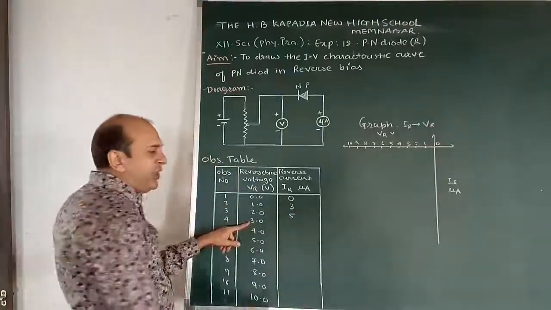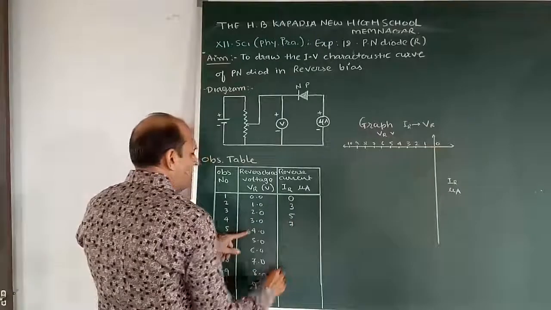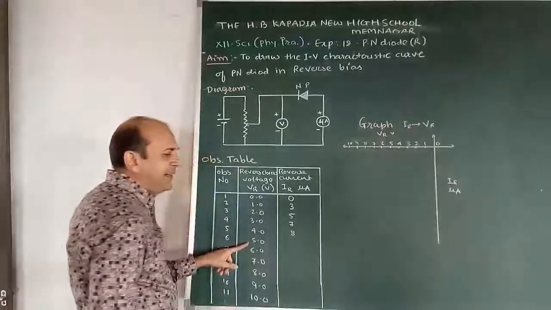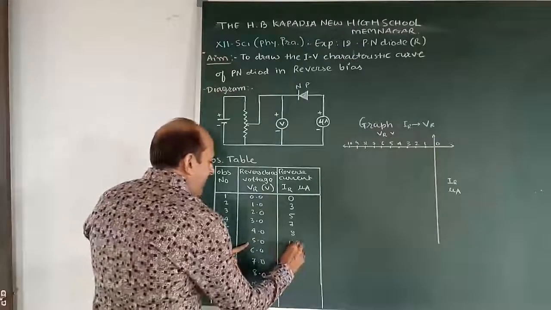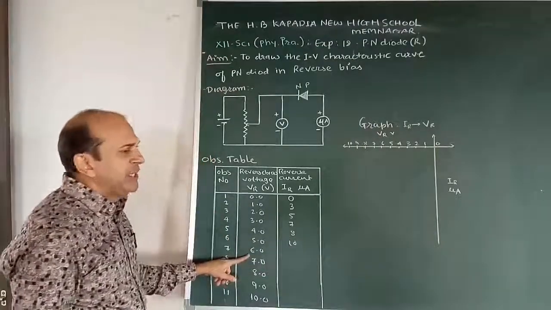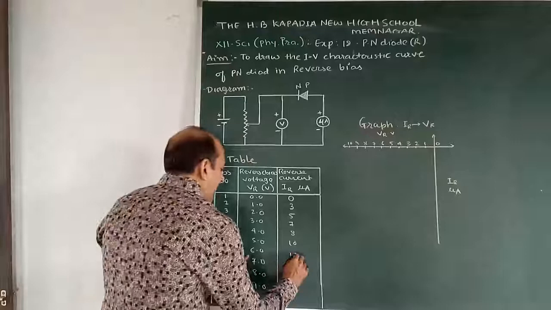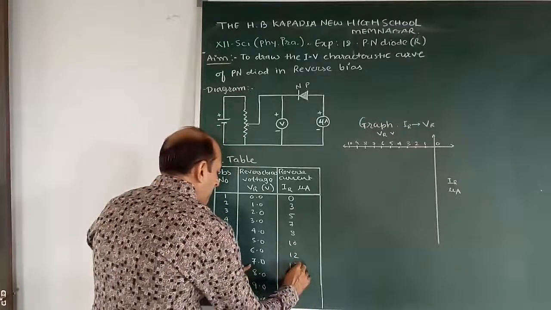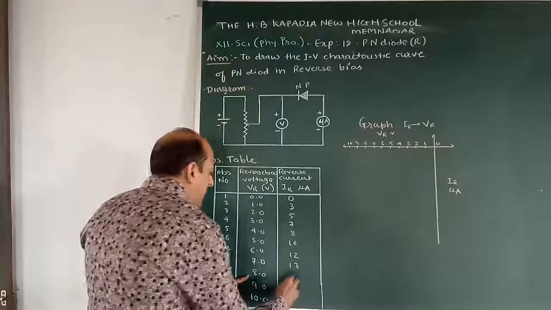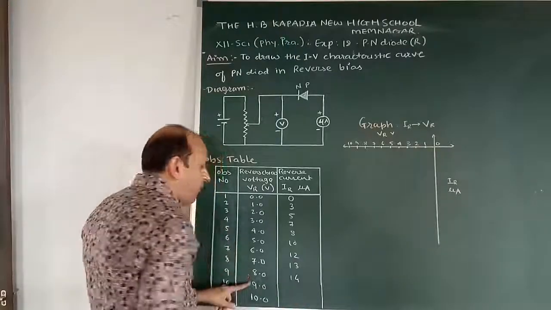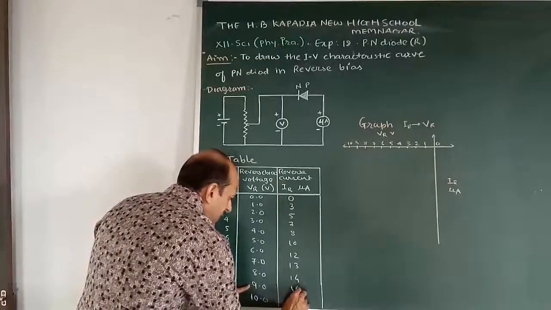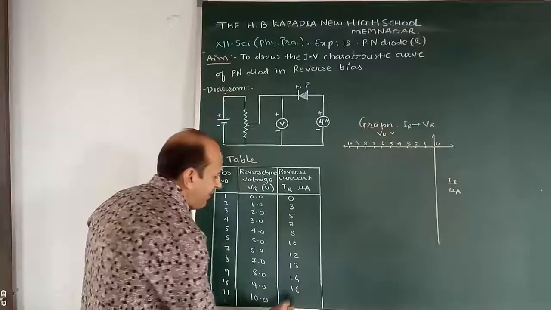Similarly for 3 it is 7, then for 4 it is 8. For 5 it is 10. For 6 volts it is 12, and for 7 it is 13. For 8 it is 14. Now for 9 it is 16 and for 10 it is 17.